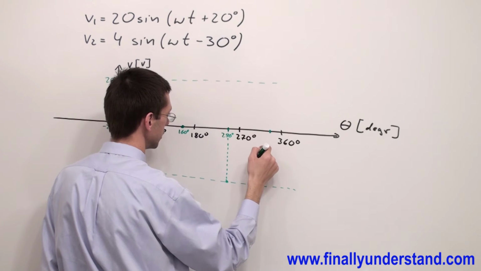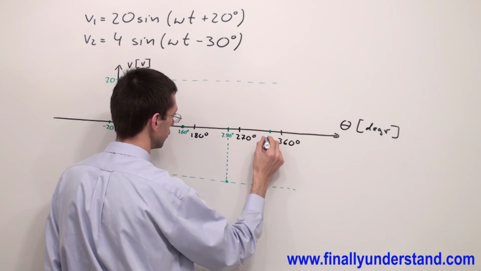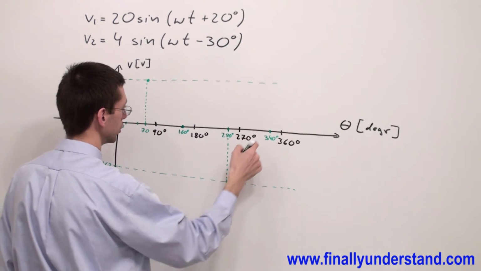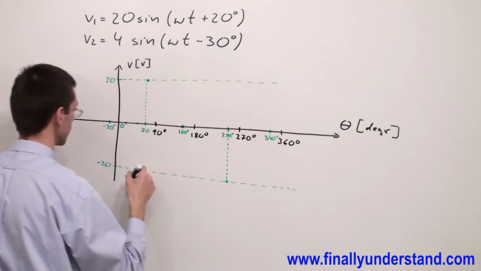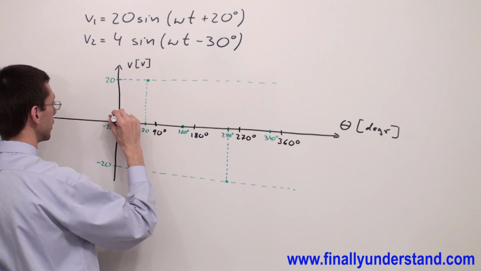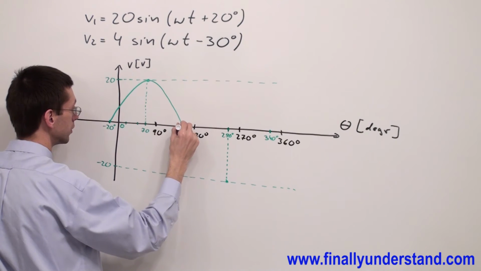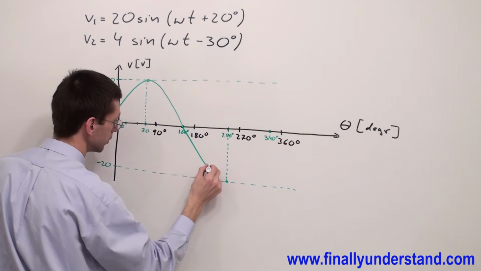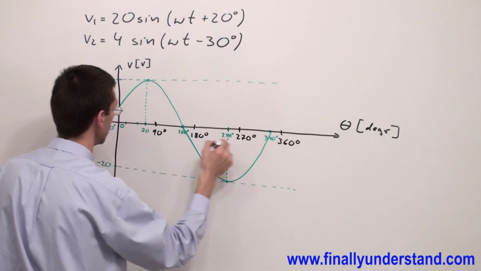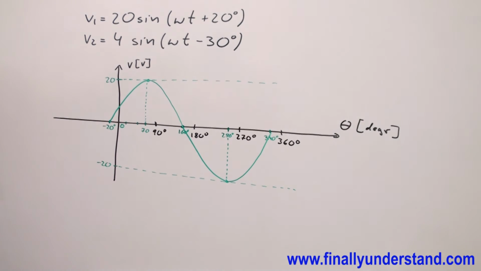And this angle right now is going to be 340 degrees, and this is going to be my positive going 0 crossing. Next, I'm supposed to connect all these points together. Okay, and this is the wave which represents this equation.